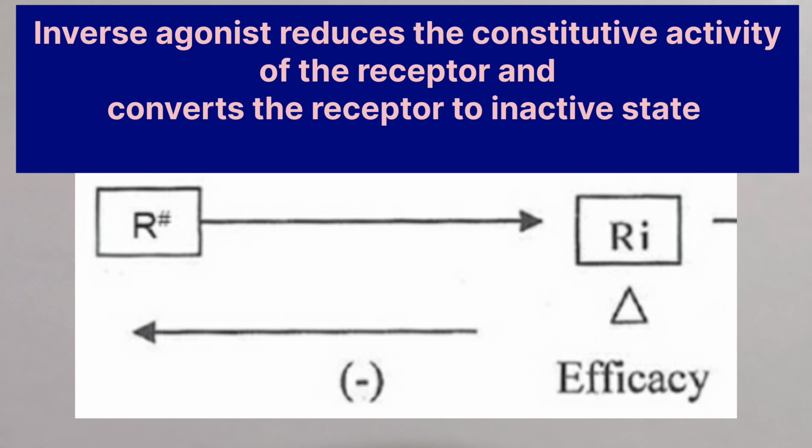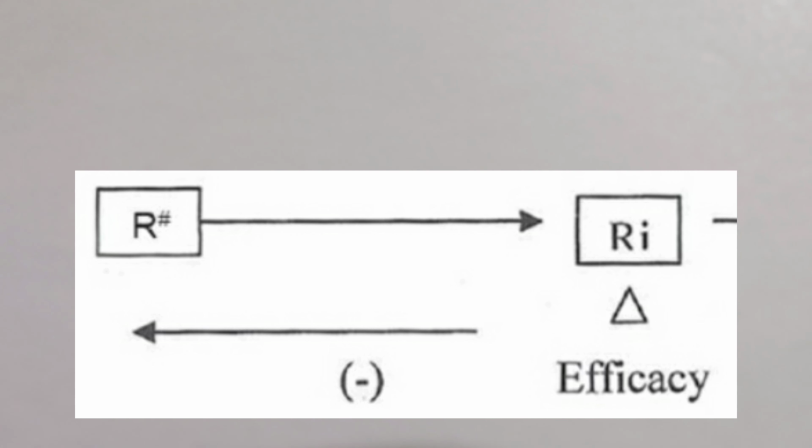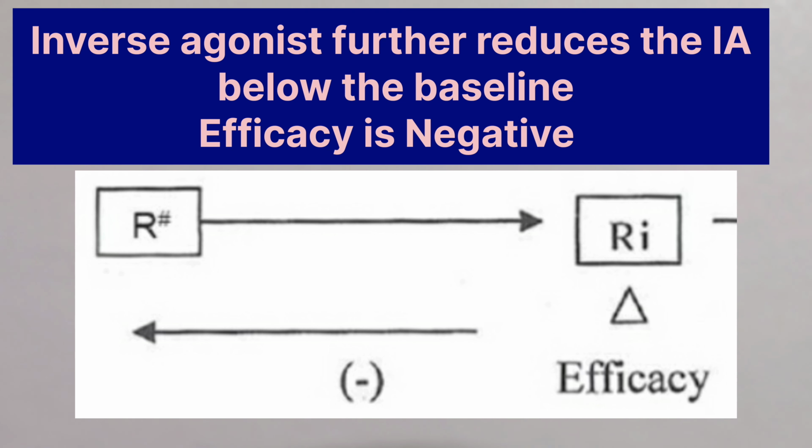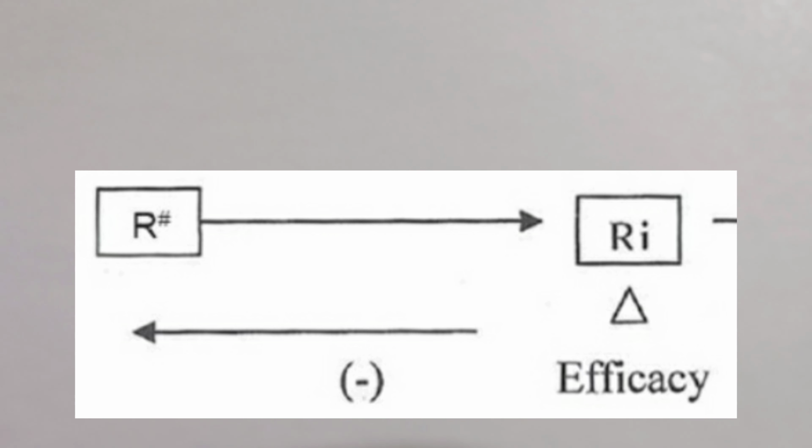The inverse agonist binds to the constitutively activated receptor, reduces the spontaneous activity and converts the receptor to the inactive state. It can further reduce the activity of the receptor below the baseline level, so the intrinsic activity or efficacy is negative. So in this way, the drug interactions can be explained by the two-state and three-state receptor models.